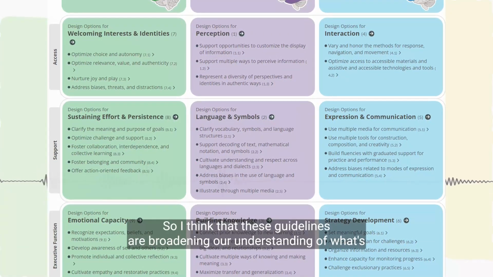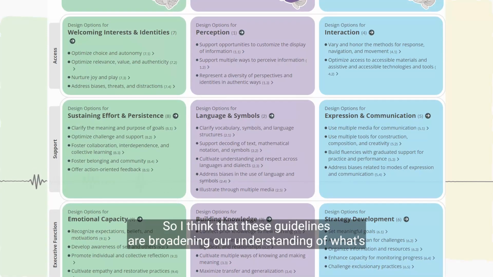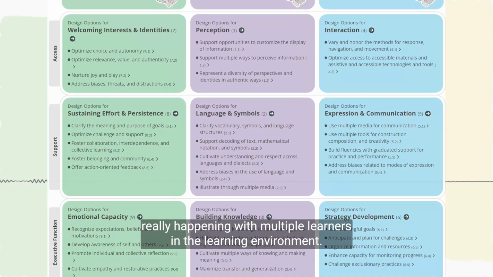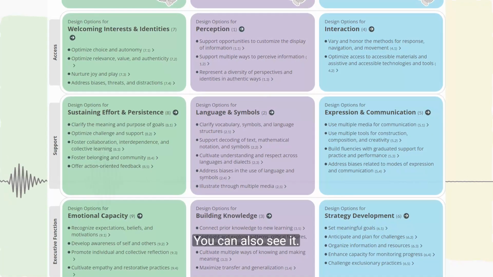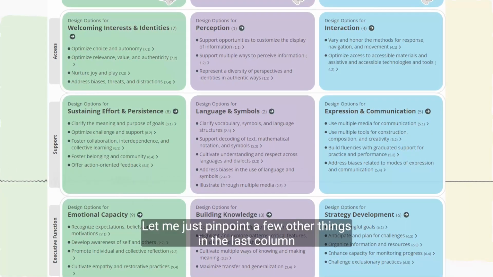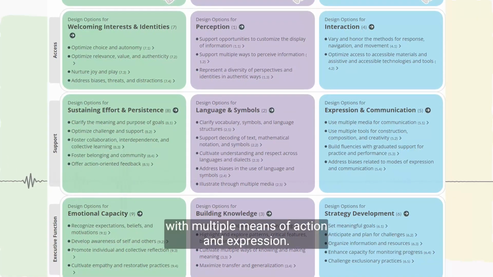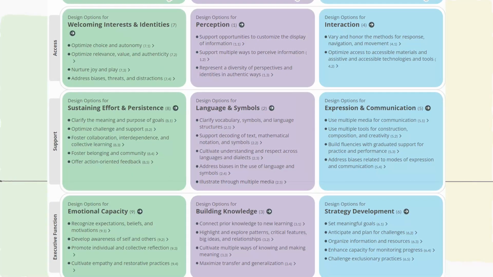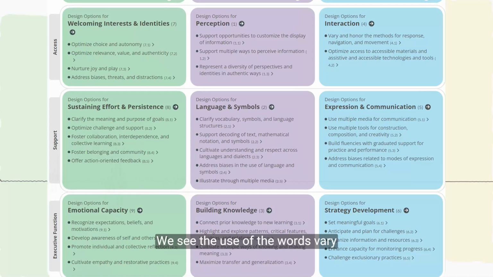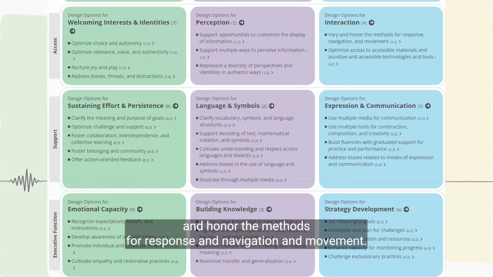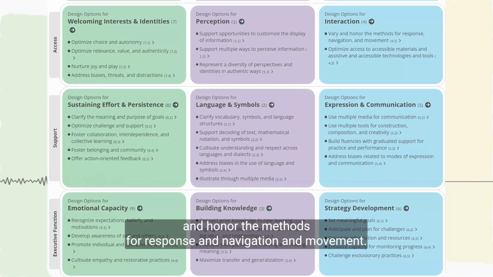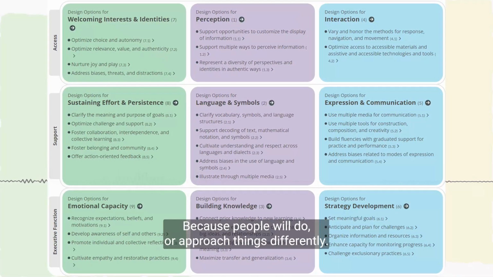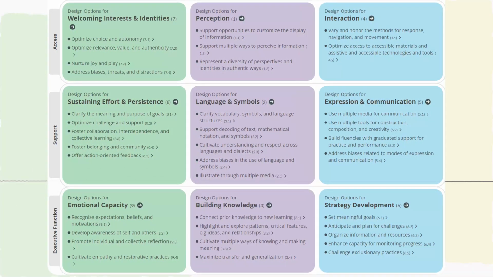So I think that these guidelines are broadening our understanding of what's really happening with multiple learners in a learning environment. You can also see it, let me just pinpoint a few other things, in the last column with multiple means of action and expression. We see the use of the words vary and honor the methods for response and navigation and movement, because people will do or approach things differently.